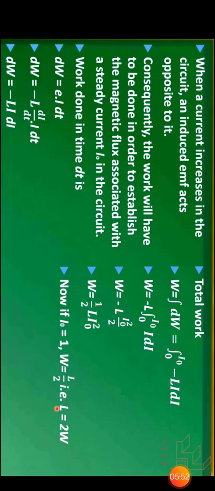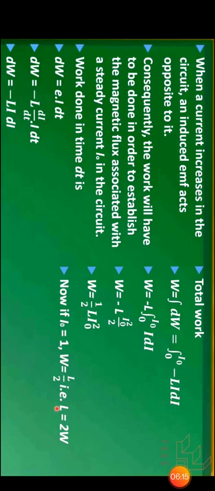The work done in the time dt is dW is equal to E dot I dt.